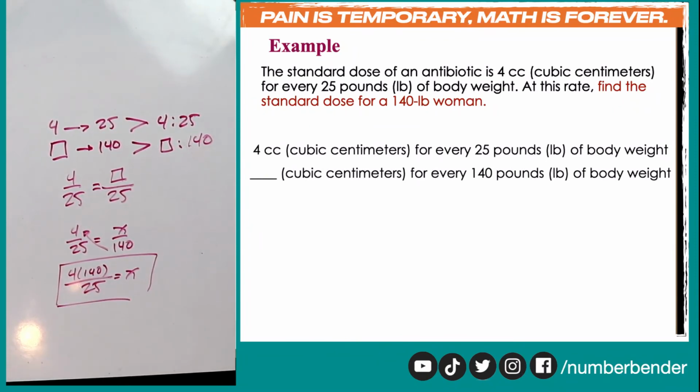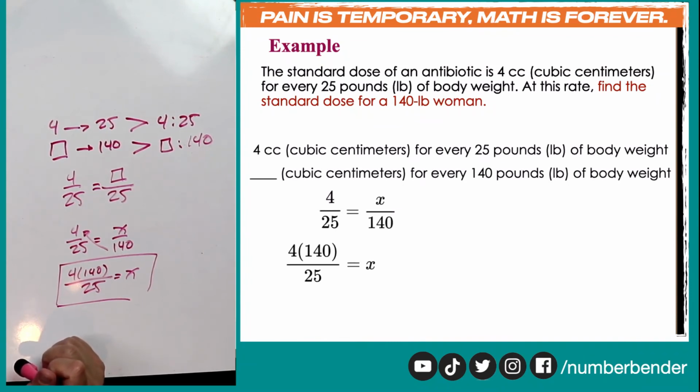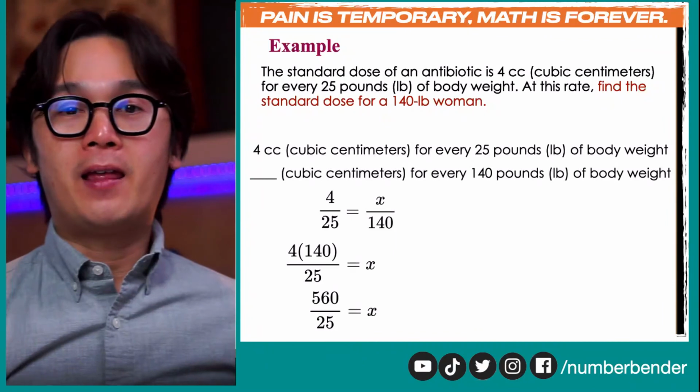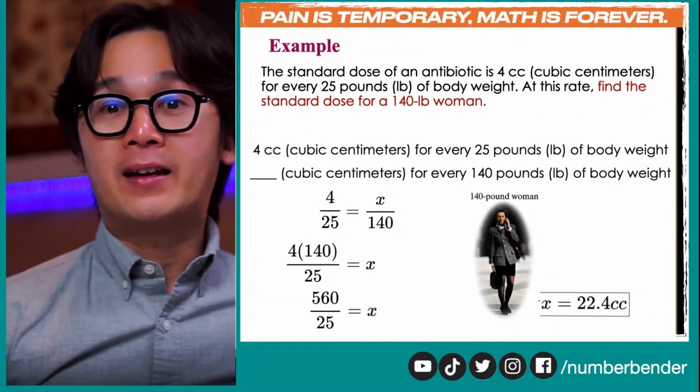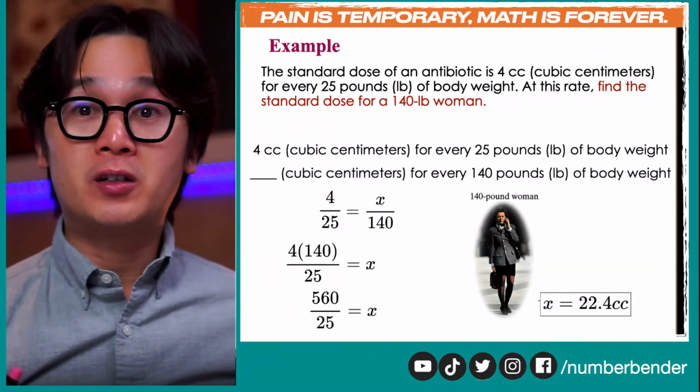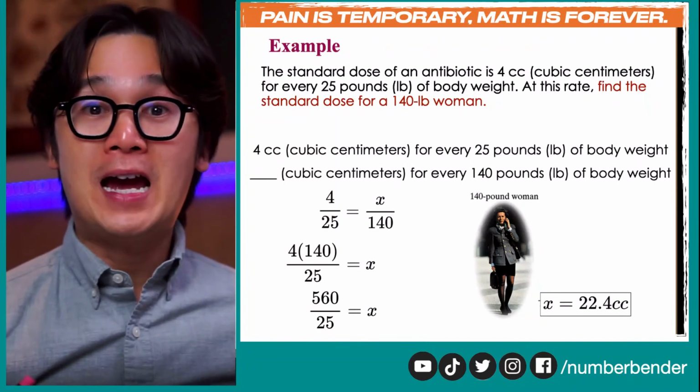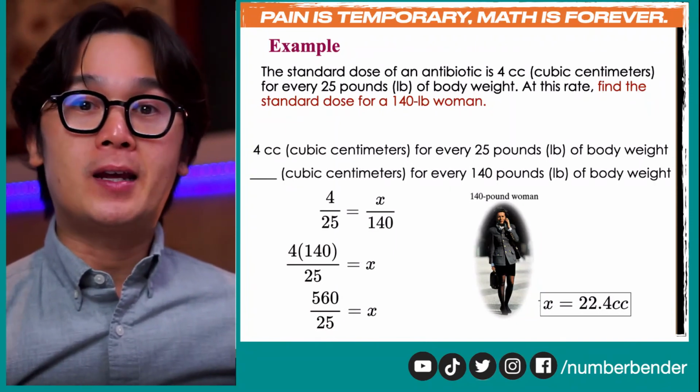And by just simplifying our fraction, by multiplying 4 and 140, we'll be able to find the value of x that we are looking for. And in this case, it's 560 all over 25. And that's the ratio that is going to fit this 140-pound woman for that dosage to be appropriate.